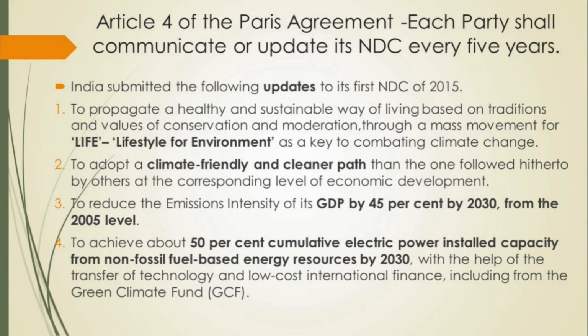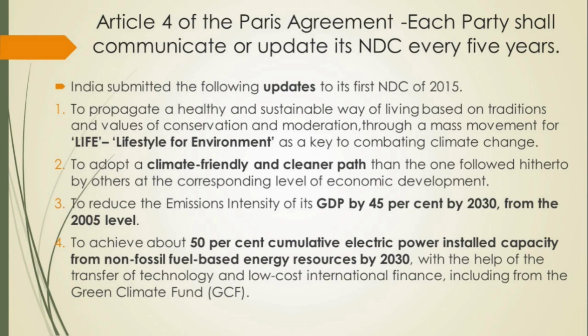You are turning on the ACs and sleeping with a blanket on you, don't do that. So small things they are telling you. Switch off the electricity. Also they are saying eat more millets instead of rice and wheat, which are very water intensive crops. So these types of things, LiFE, we are going to discuss in detail.